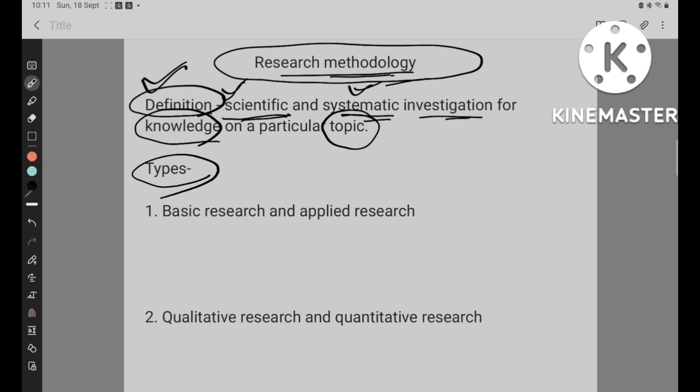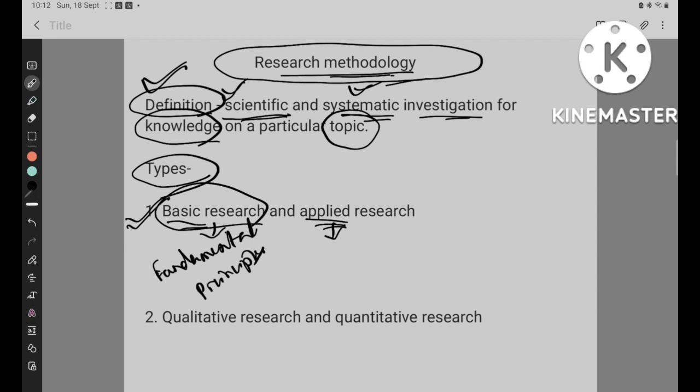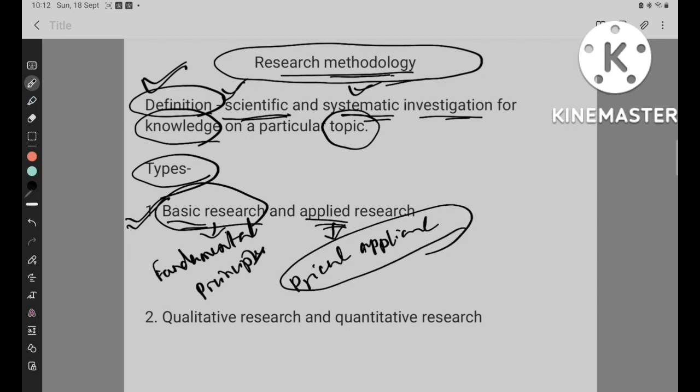Next is your classification of research. The first classification is basic research and applied research. Basic research is based on the fundamental principles. Applied research is always based on the practical applications of knowledge or practical applications of fundamental principles.